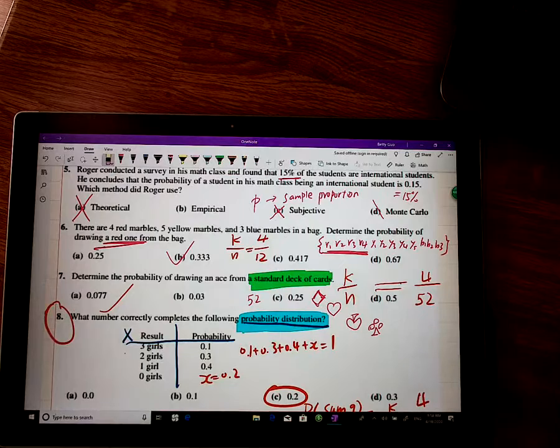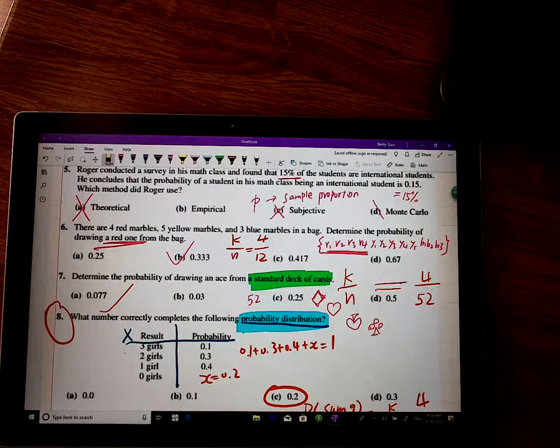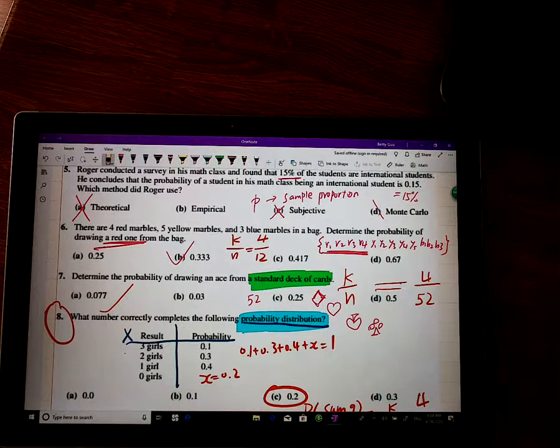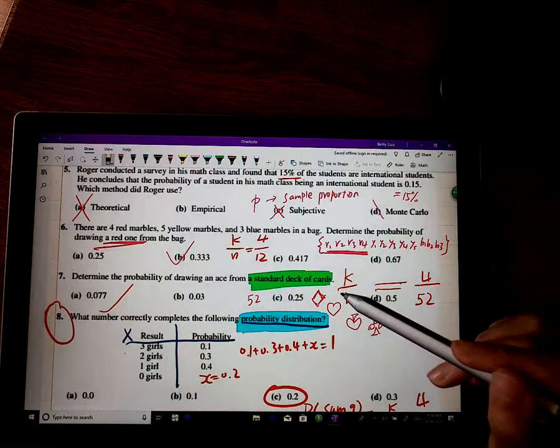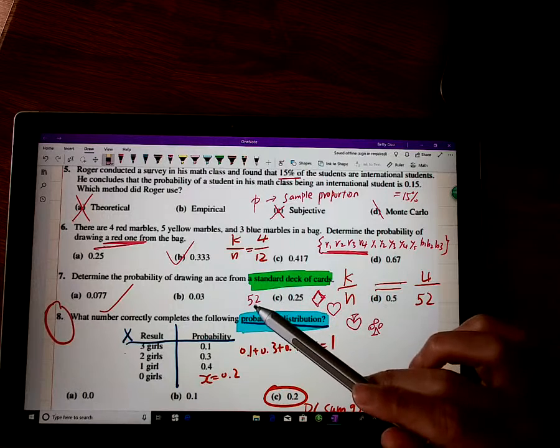So that is a standard deck of 52 cards. We are going to determine the probability of drawing a card from the standard deck, and the card is an ace. It is classical. The sample space contains 52 cards.